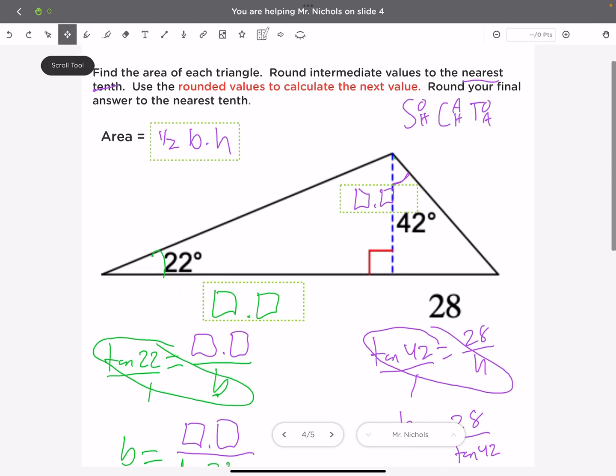Second value. And then all it is once you have these two values, it's just your rounded values.